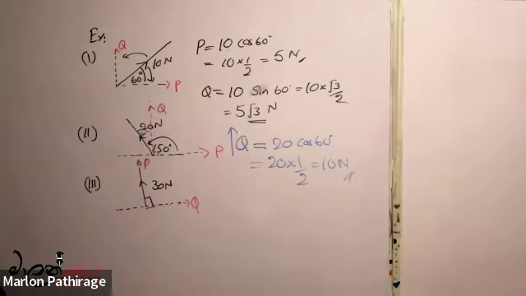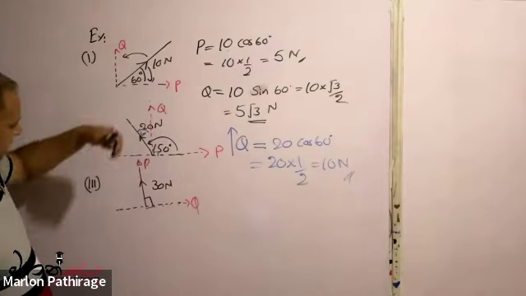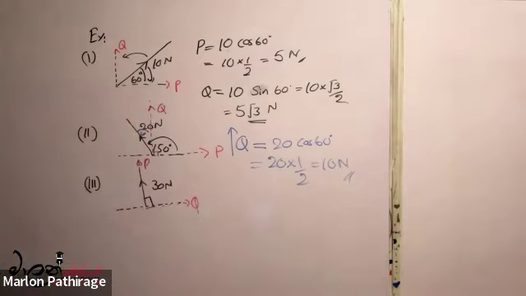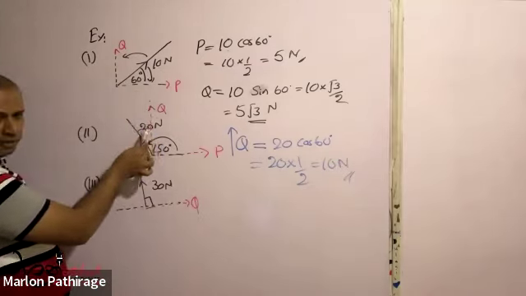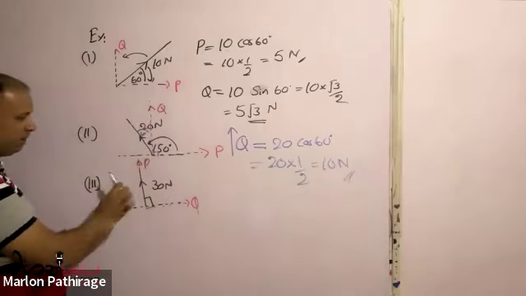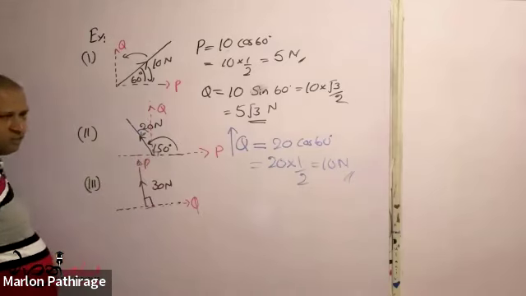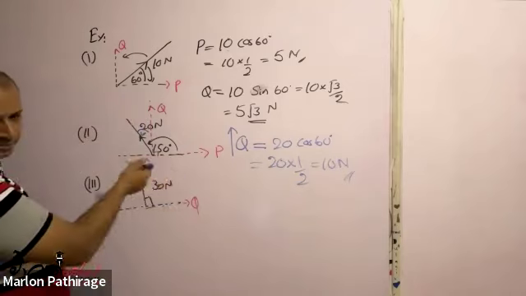Then you have to find P. You can clearly see, you can find Q, but if you want to find P, definitely it will be minus 5 because it comes in this direction.